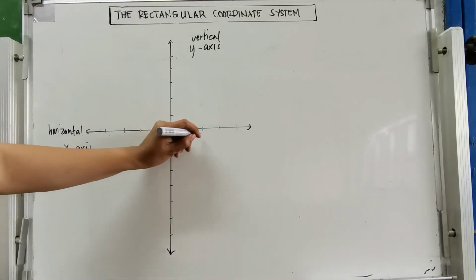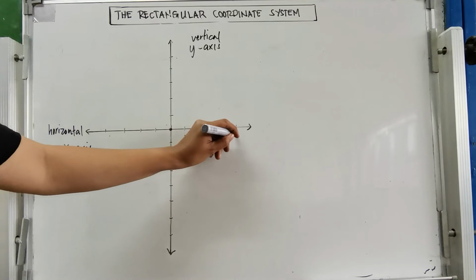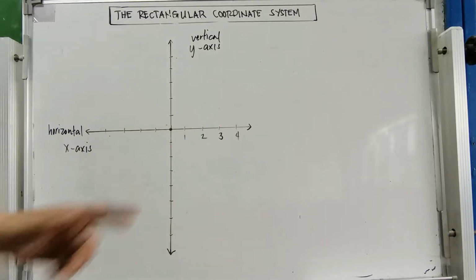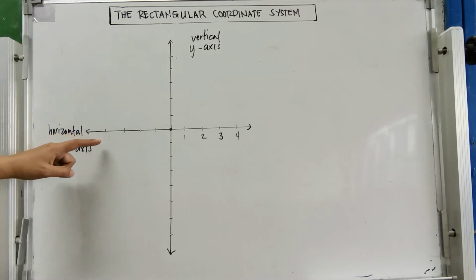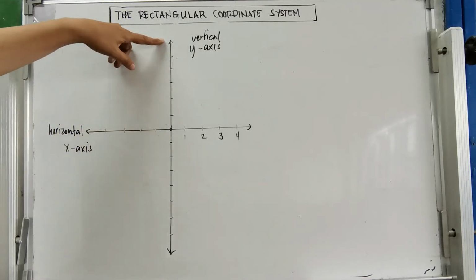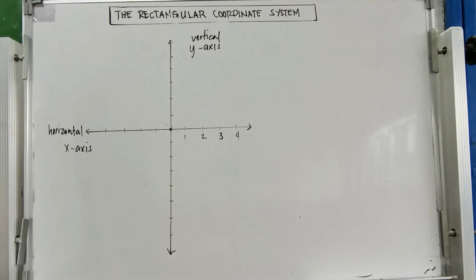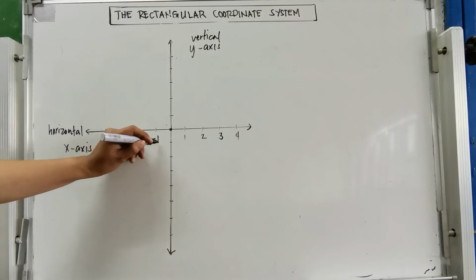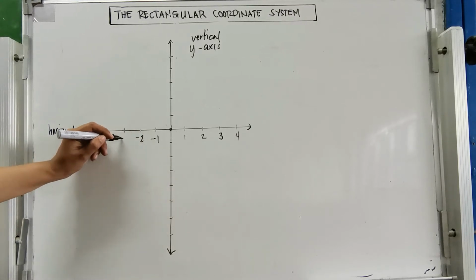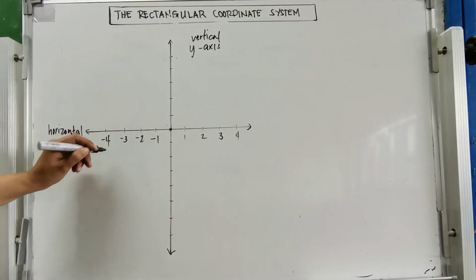So, we have 1, 2, 3, 4. And infinite. Ibig sabihin, these lines are with arrowheads because it indicates that the number is infinite. Next, on the left side, in our x-axis, dito naman natin makikita yung mga negative numbers.